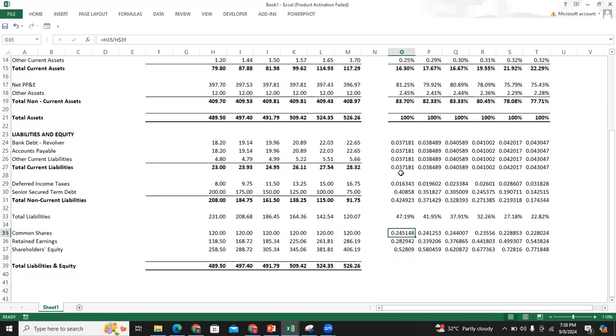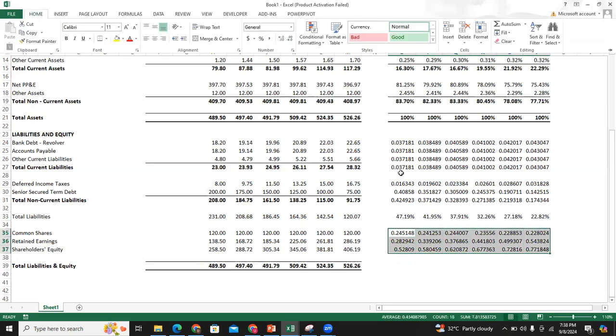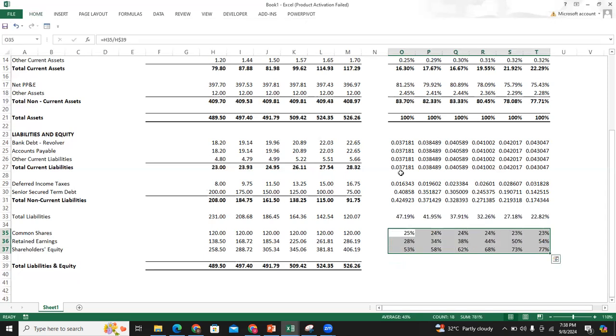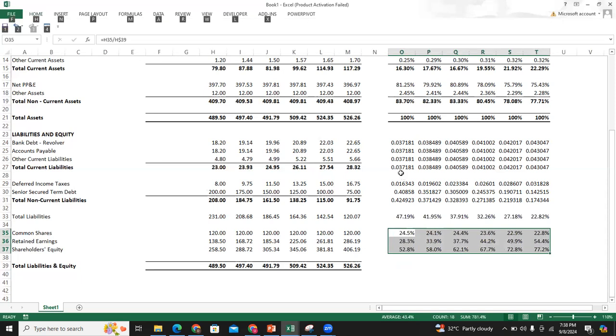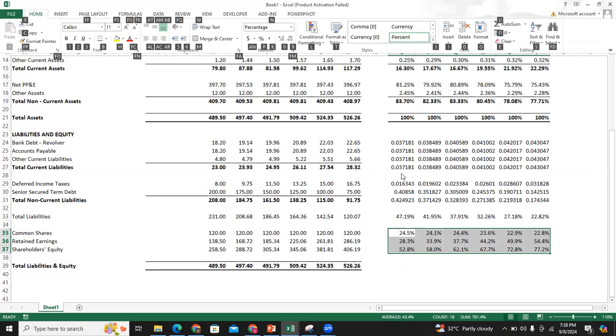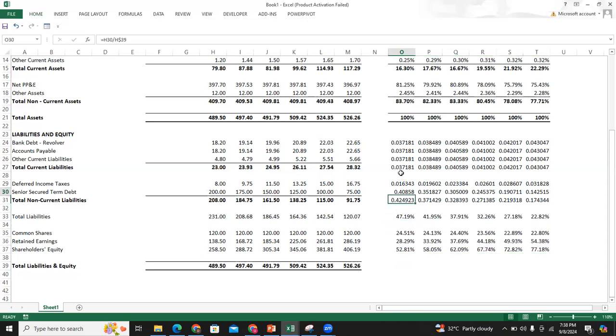Just wait here. I need to make all of these percentage, or HP. I'm gonna do the same thing for my further steps.